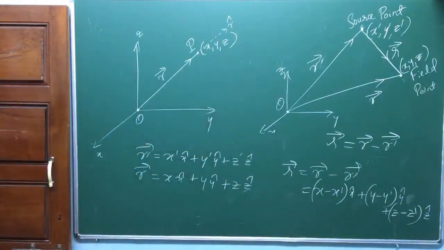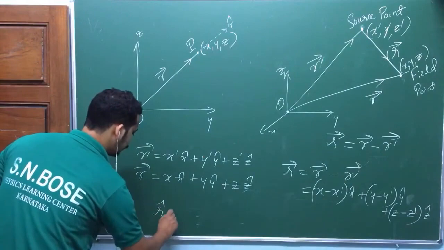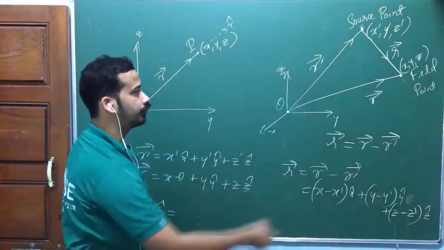Define that R cap, the unit vector from source to field point.